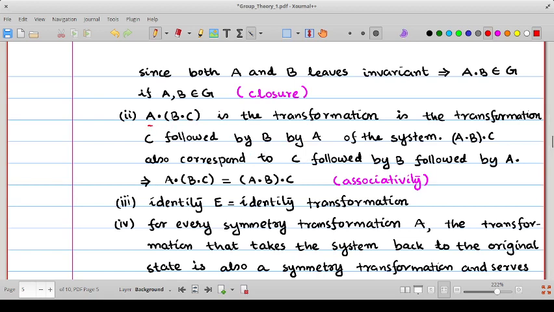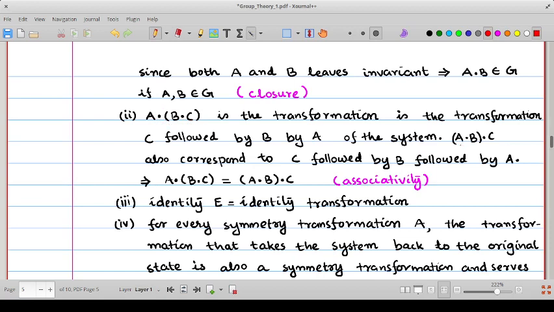For that, we first consider the following composition: B dot C and then composition with A. So according to our rule of composition of symmetry transformations, A dot (B dot C) is equivalent to B dot C transformation on the system followed by A. But B dot C is C transformation followed by B, and therefore this whole thing is C on the system followed by B on its result, followed by A on the result of C followed by B. So in shorthand, we could say that this is equivalent to C followed by B followed by A.